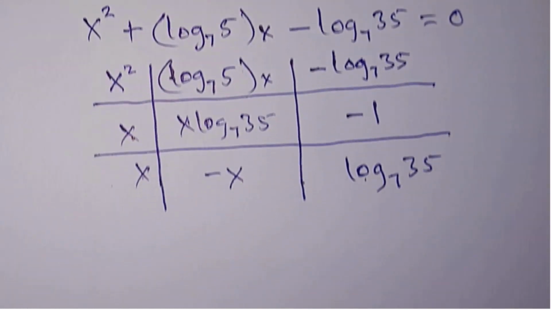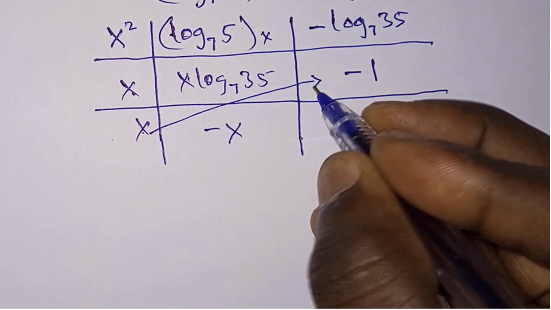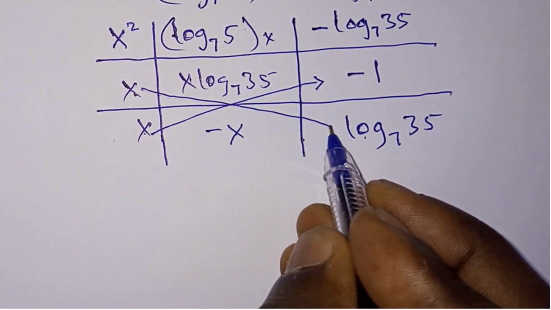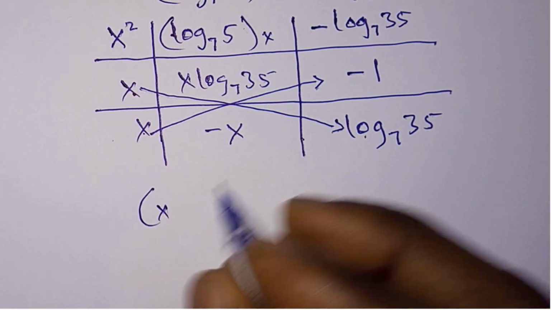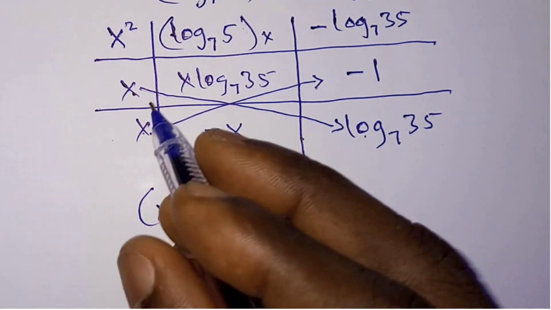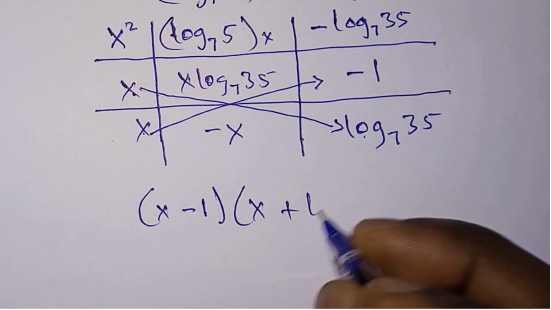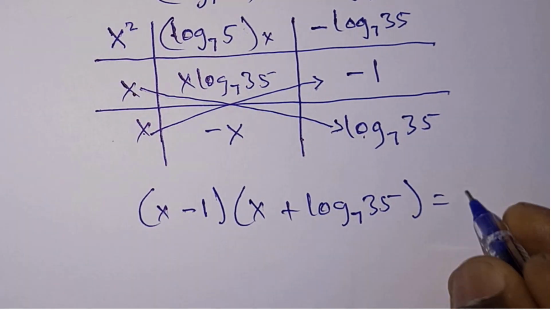But the factors for the quadratic equation are, we just cross this one and then match this to this. So we will have x minus 1 as one of the factors. Then we will have x plus log in base 7 of 35, and this is equal to 0.